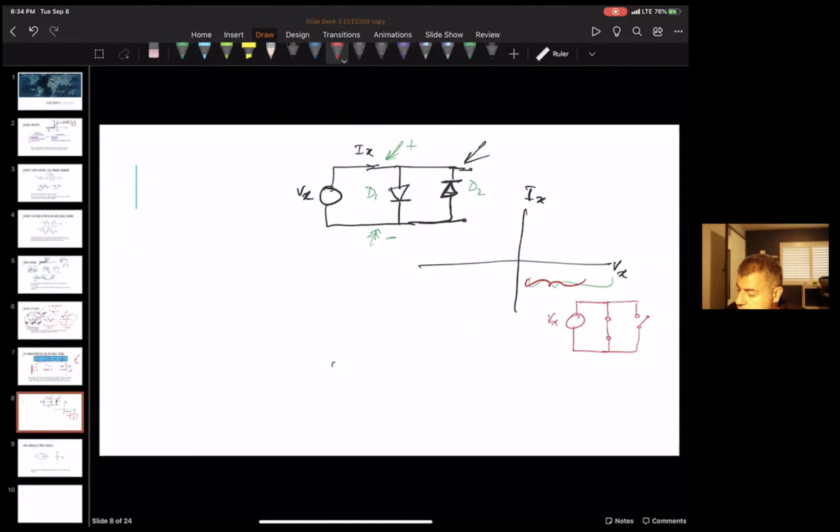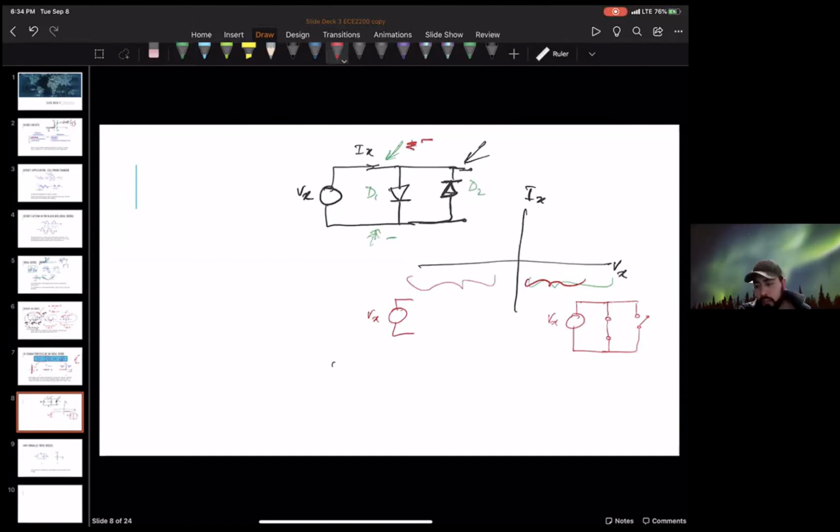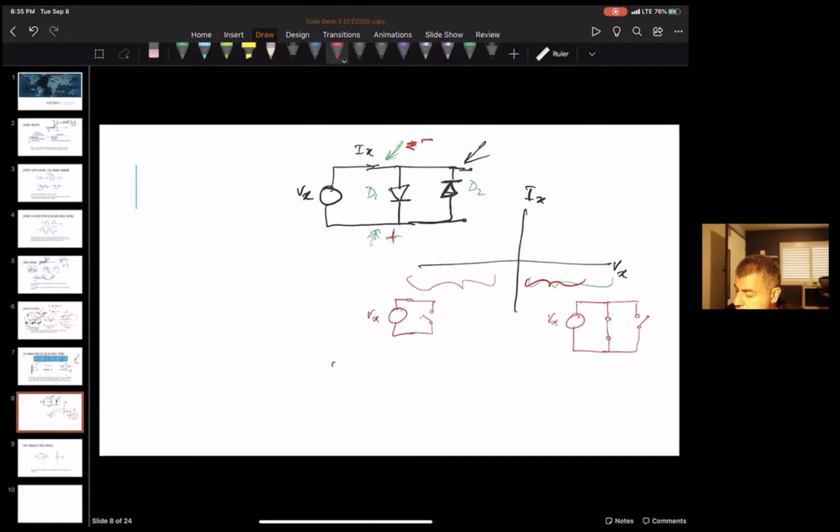And then here, when Vx is negative, D1 is off, because this point is more negative than this point. But D2 turns on and becomes a shorted switch.